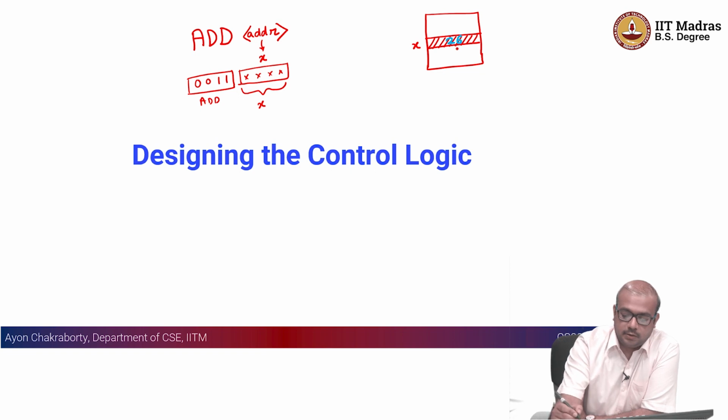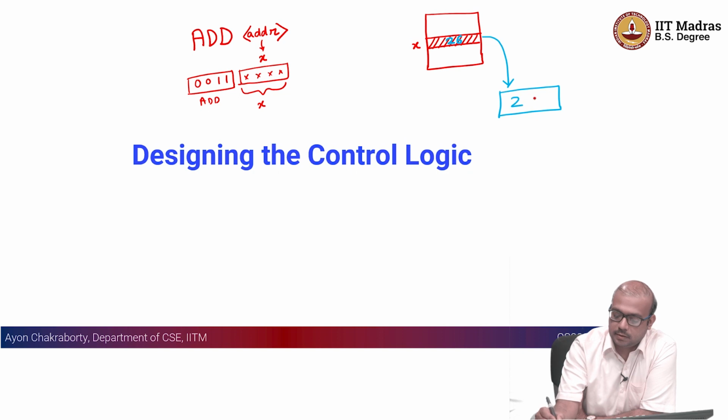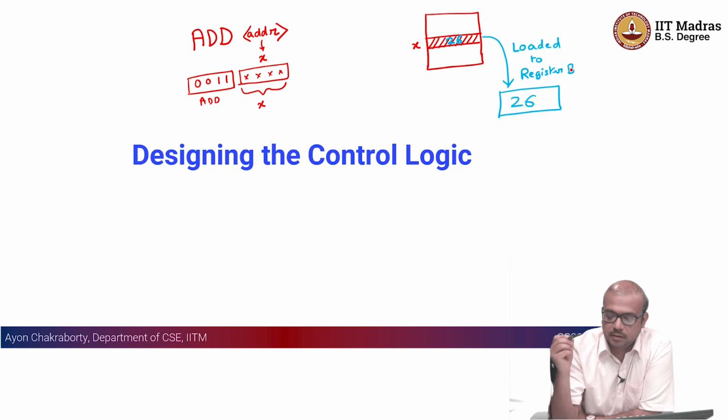So, this instruction is going to load this value 26 to register B. Otherwise how can you do arithmetic operations, because the registers are actually hardwired, connected to the combinational circuit of the ALU.